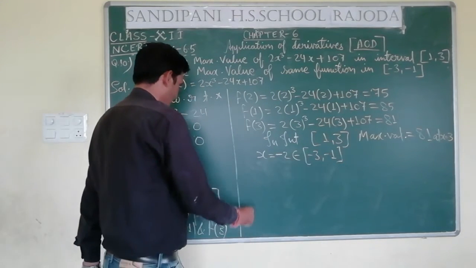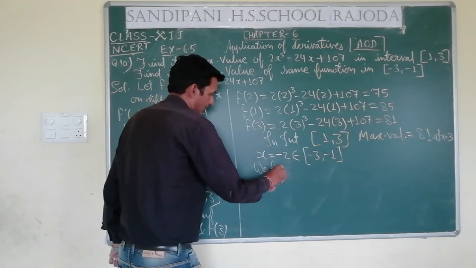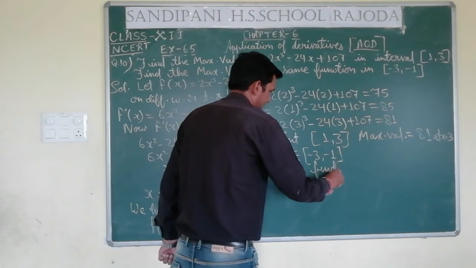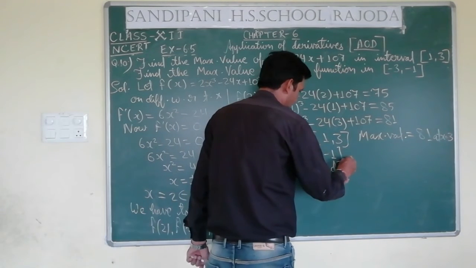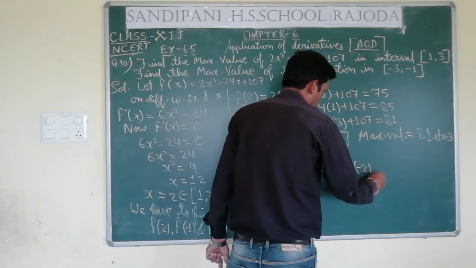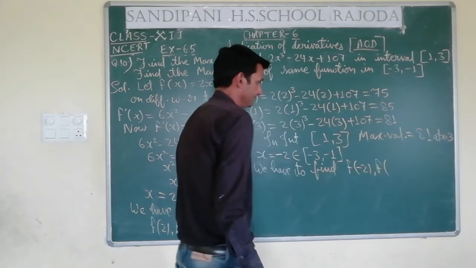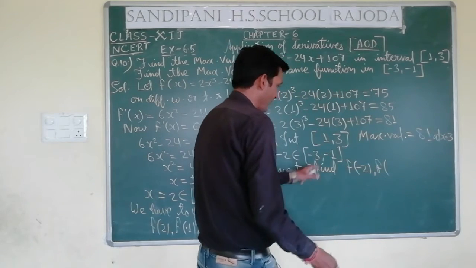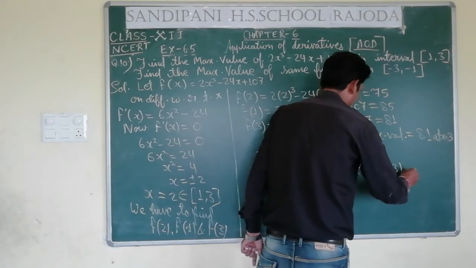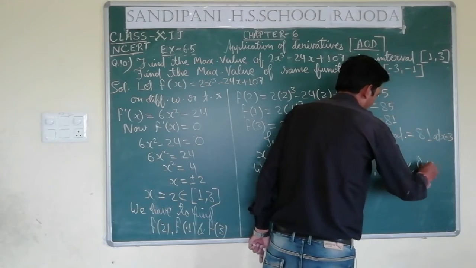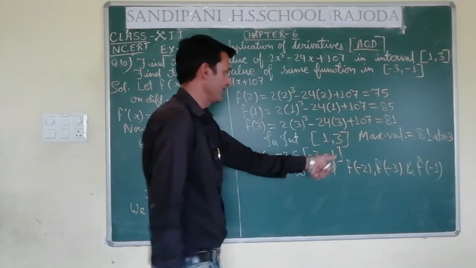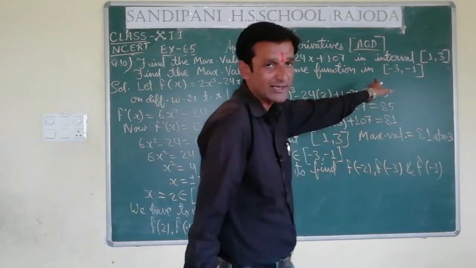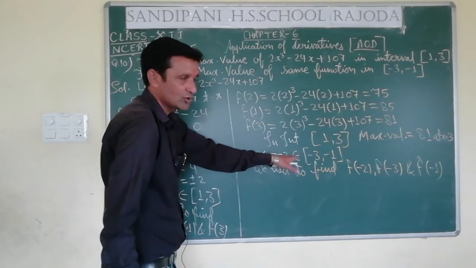So we have to find f(−2), f(−3) and f(−1) also. These three values we have to find again because it is in the interval. So in this interval −2 is also involved.